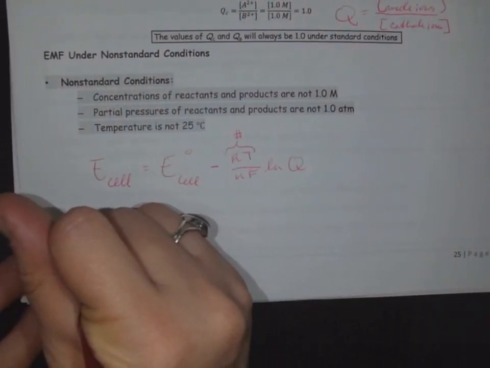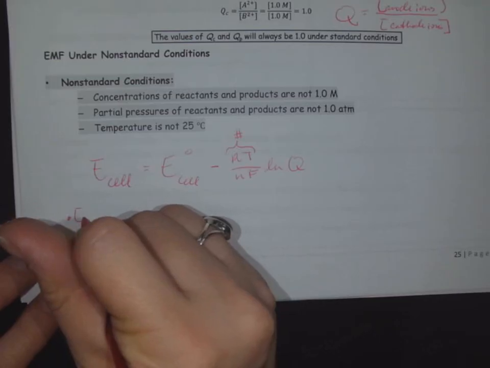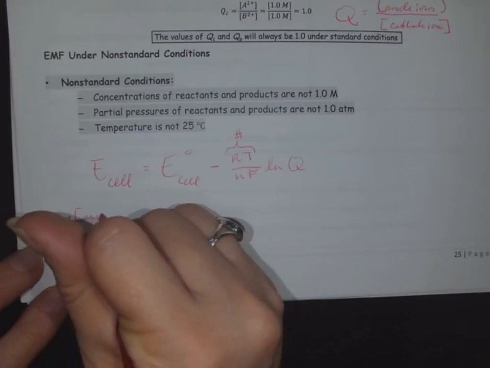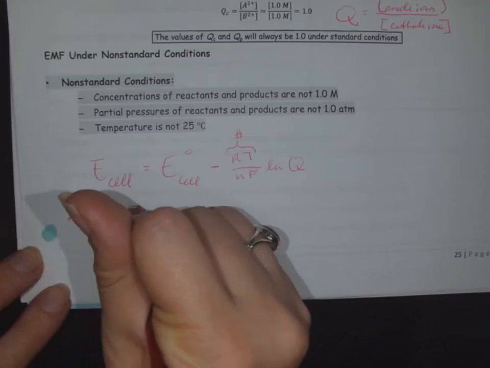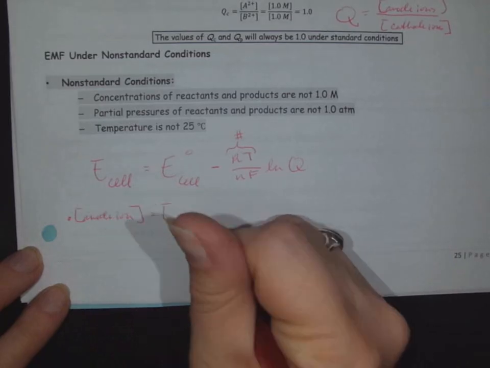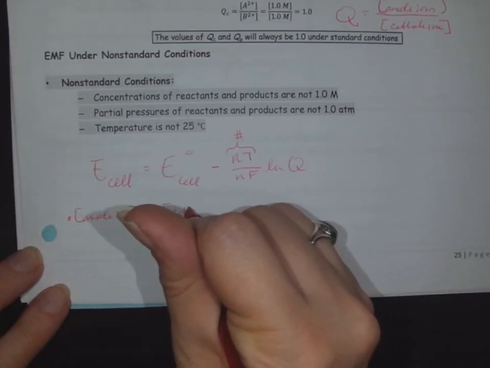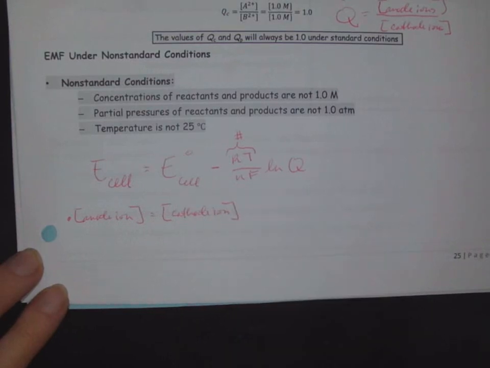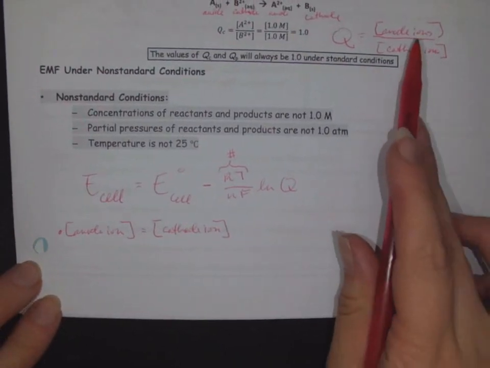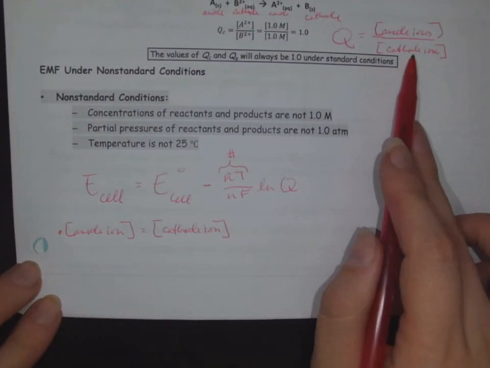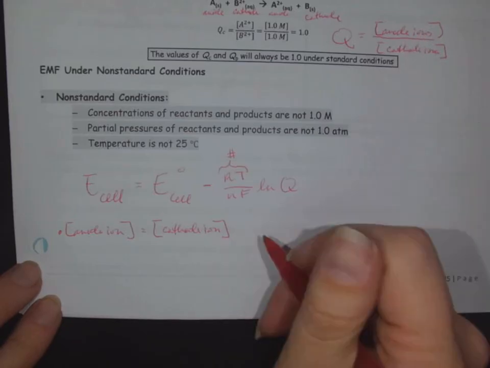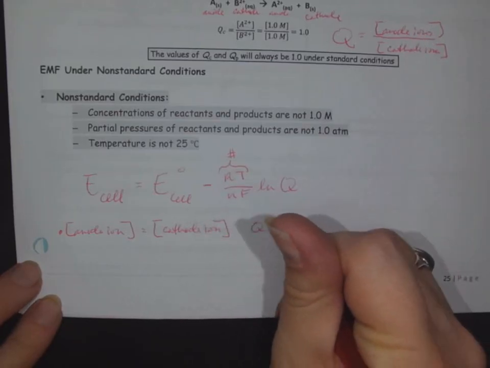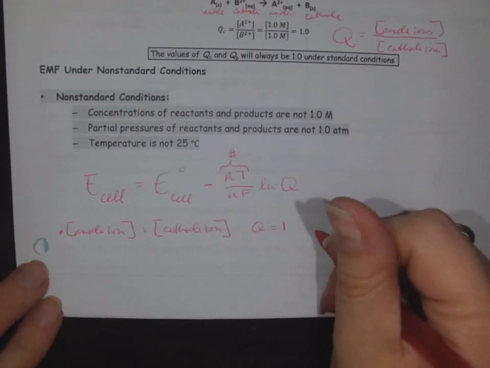Let's say that the concentration of the anode ion is equal to the concentration of the cathode ion. They're equal to each other. Well, if that's the case, maybe it's 1 and 1, or 0.5 and 0.5, Q would equal 1.